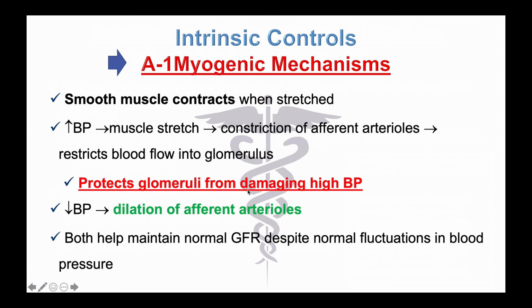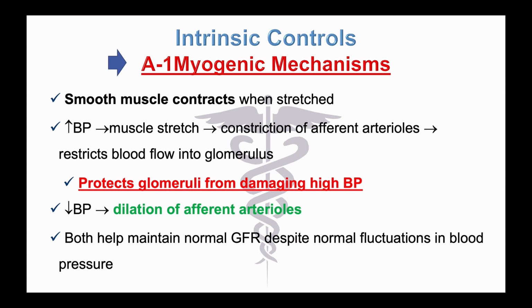This protects the glomeruli from damaging high blood pressure. Decreased BP dilates the afferent arterioles. Both help maintain normal GFR despite normal fluctuations in blood pressure. So this is the myogenic mechanism. Even if the pressure is low or high, the glomerular filtration rate always remains standard.